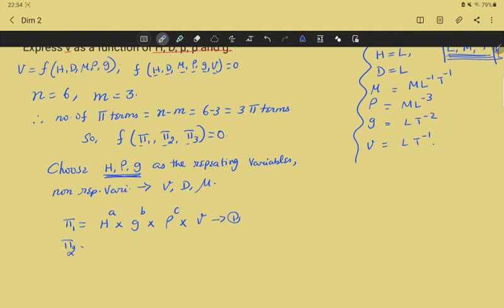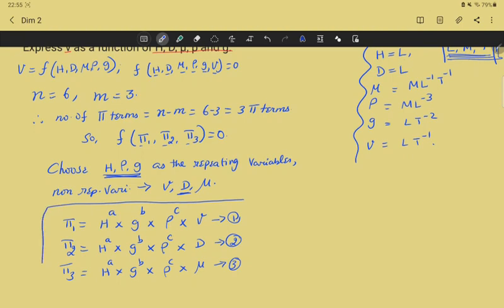Pi 2 equals, again the repeating variables are just going to repeat as it is, h power a times g power b times rho power c times the next variable d, and pi 3 equals, again the repeating variables are the same, h power a g power b rho power c times mu. So these three are the pi terms.